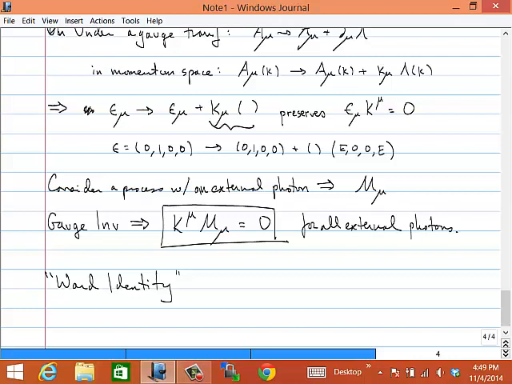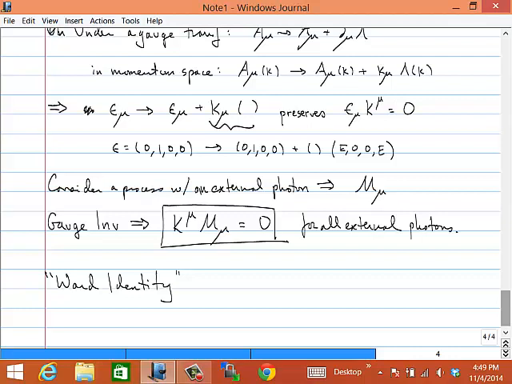Okay. So there was a question in the back? Yes. Okay. So the argument is that under a gauge transformation, A, in momentum space, A goes to A plus k, the 4-vector k. So that means epsilon goes to epsilon plus k, times some other function of k, but that other function depends on lambda. Lambda's arbitrary.